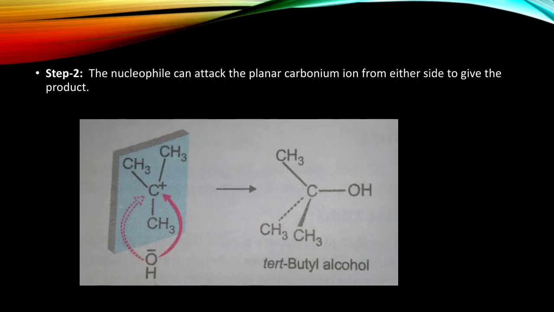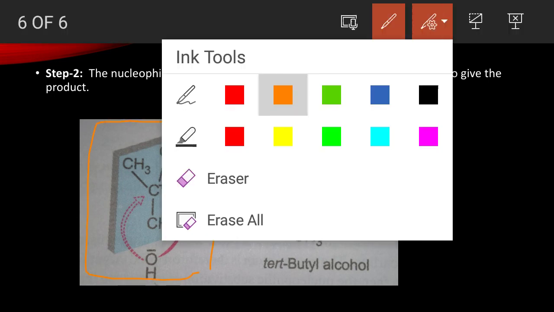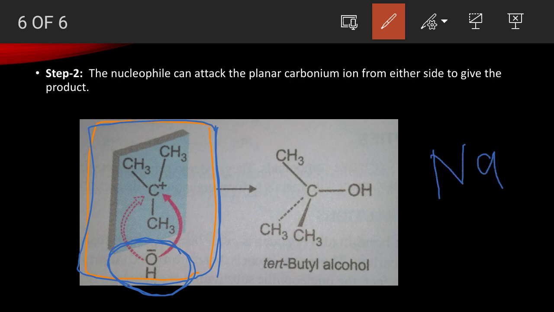In the second step, what happens? This planar carbonium ion is reacted with the nucleophile which is created by the aqueous NaOH solution. I already explained about this. This hydroxyl ion is a negatively charged species and acts as a nucleophile in this reaction.